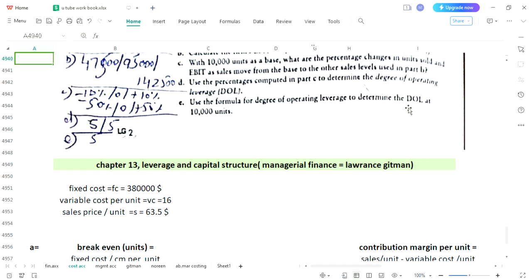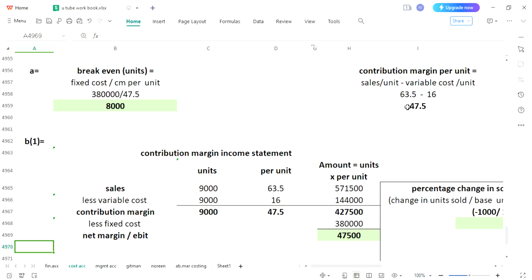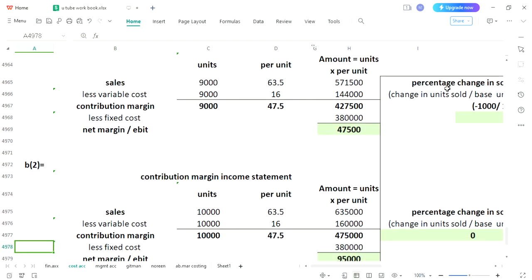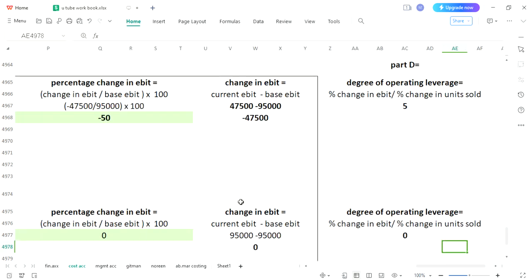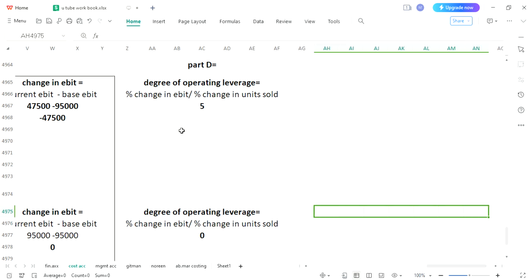So as you know, our B2 part had 10,000 units. Over here, I need your attention. You need to put a formula over here for degree of operating leverage. This is your last part.